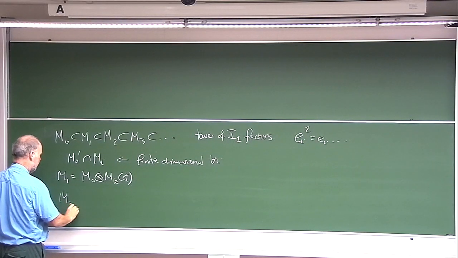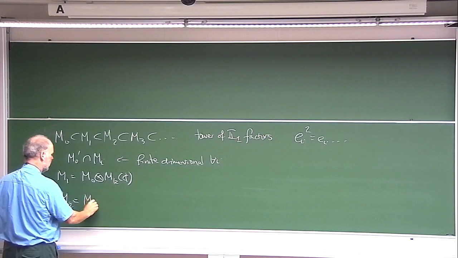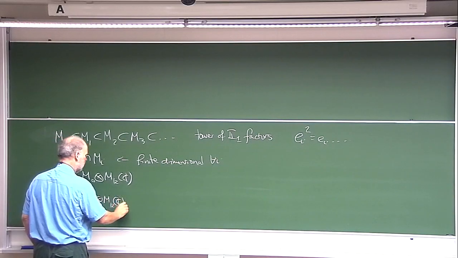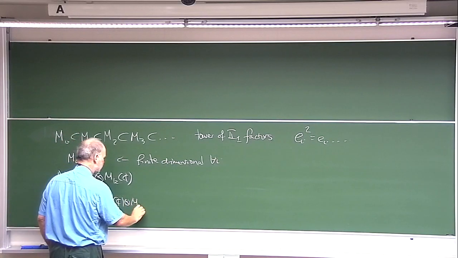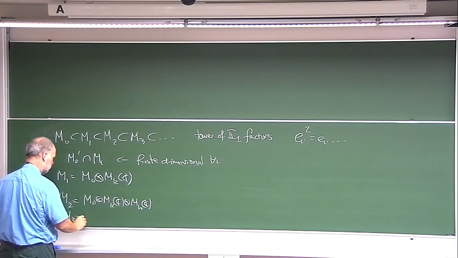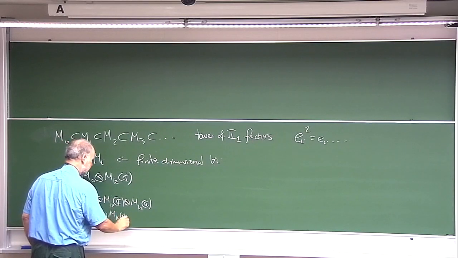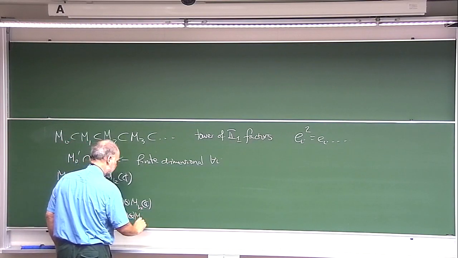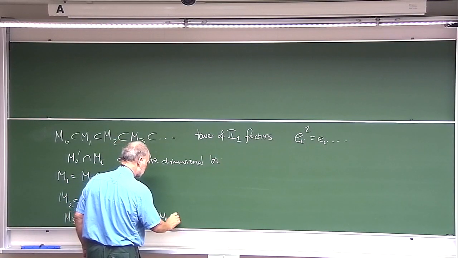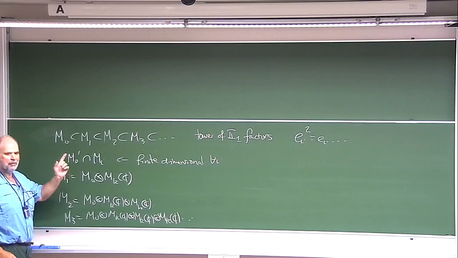So M2 therefore will be M0 tensor Mk(C) tensor Mk(C), and then M3, and so on. So maybe let me do the induction argument.